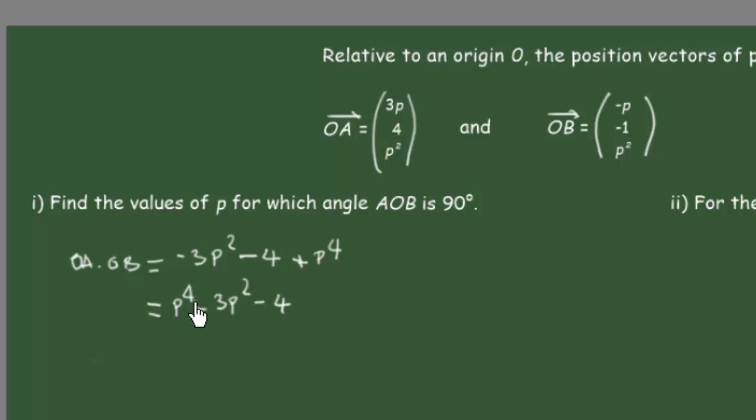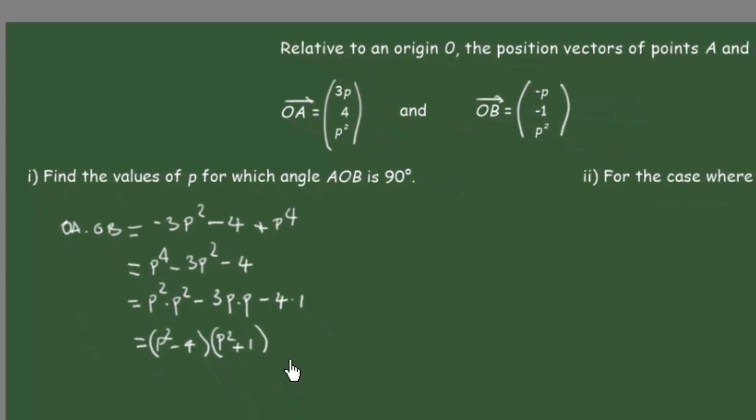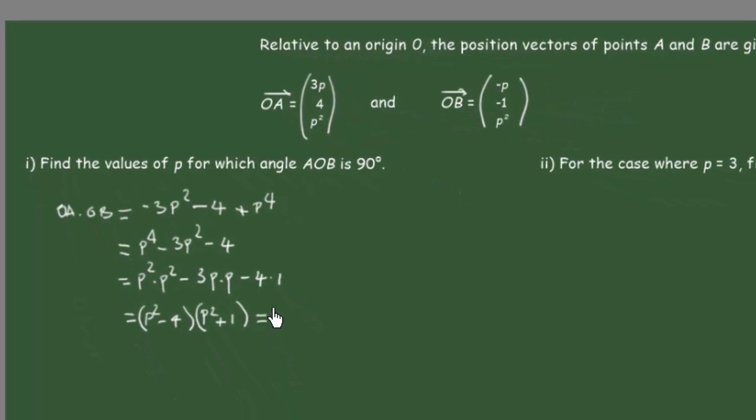And we know that p⁴ is p² times p², minus 3p times p, minus 4 times 1. So this is giving us (p² - 4)(p² + 1), and we can work this out equal to 0.